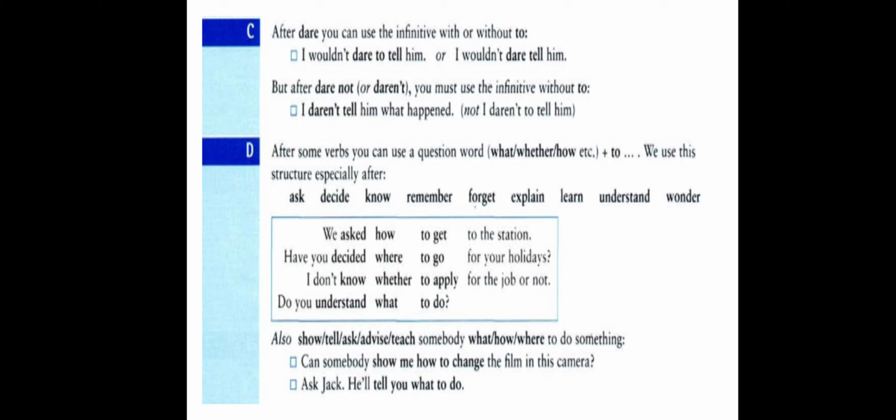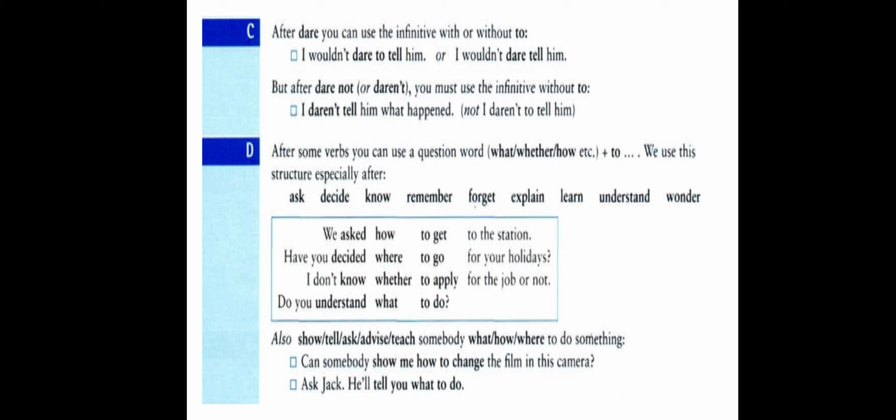I daren't tell him what happened. Here we use base form only, infinitive without to. We don't say I daren't to tell. We don't use to after daren't. After daren't or dare not, we use base form without to. Remember this.